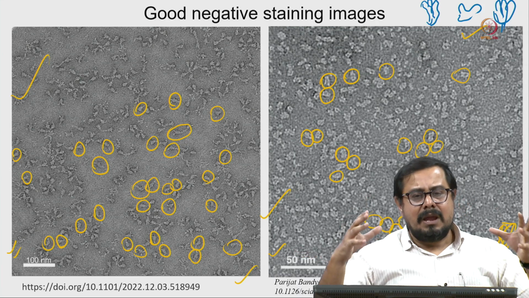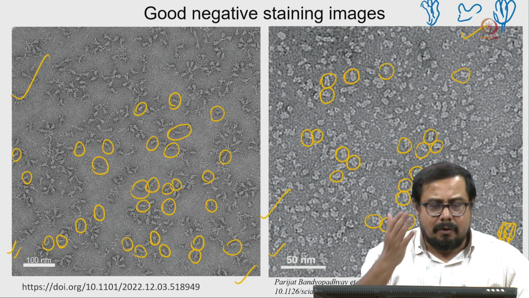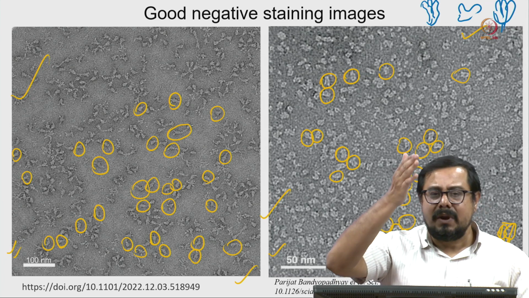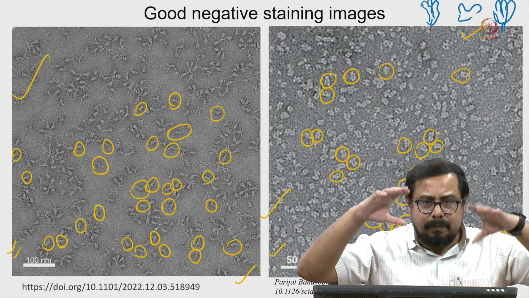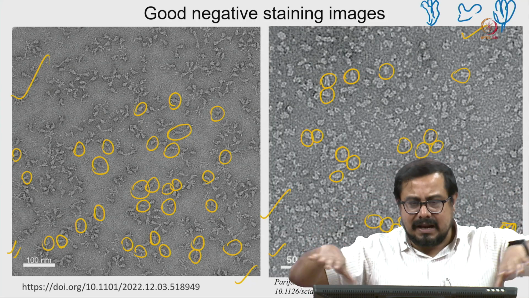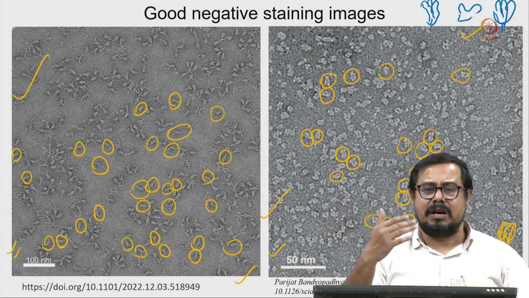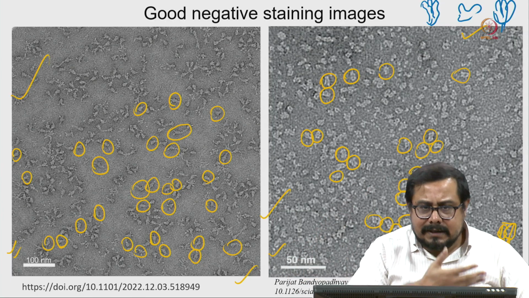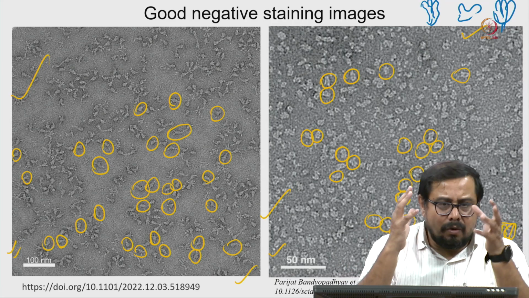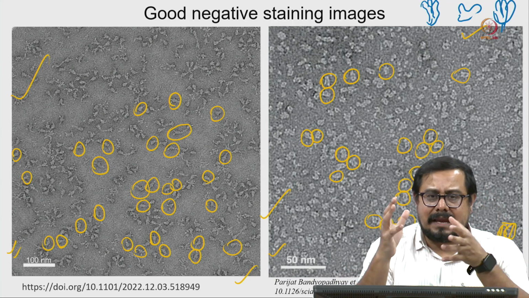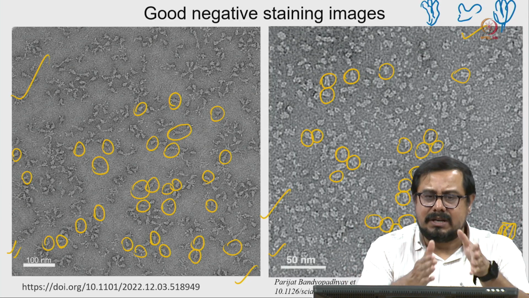So, definitely the protein's density is much higher than our buffer solution. Then electron scattering will be much higher in the case of protein, and that is the reason in cryo-EM images you can see that the protein appears as black in a white background. So, that is one of the major differences.